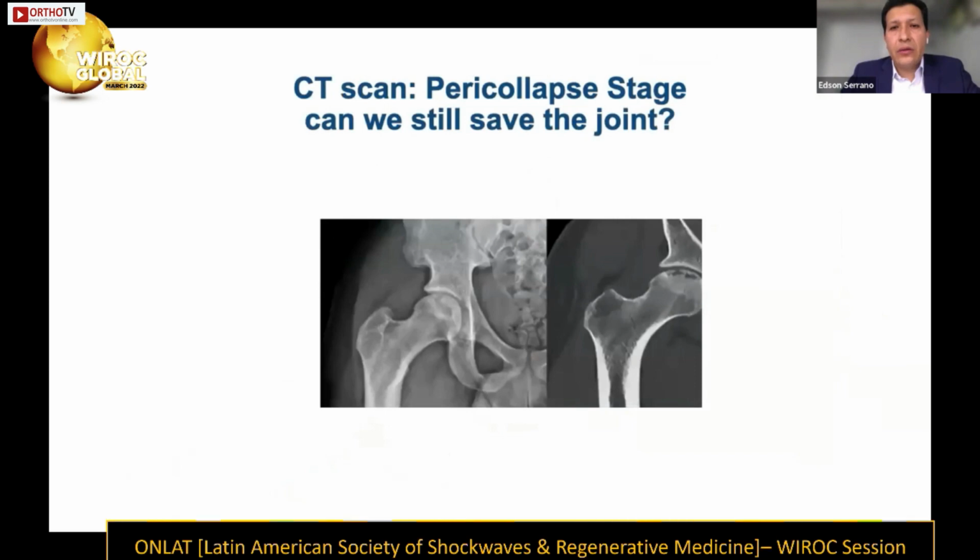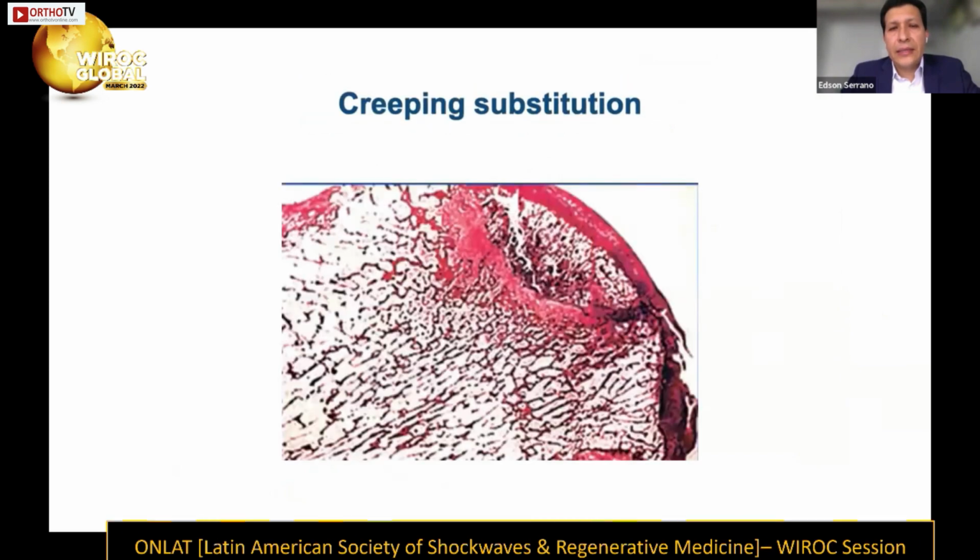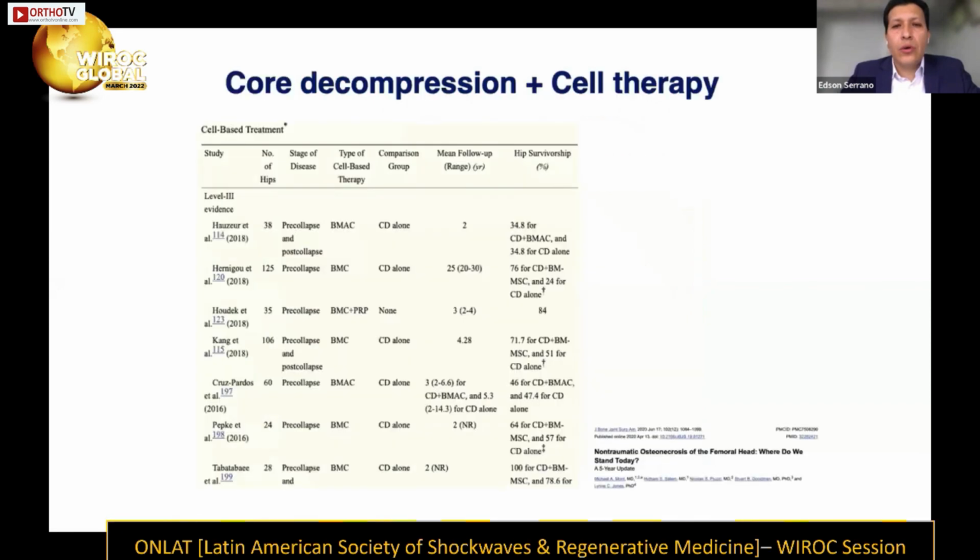There are many articles about this, but through creeping substitution, at this stage, we can induce revascularization of the bone by doing core decompression and putting some kind of graft, maybe vascularized, not vascularized, or bone marrow concentrate.